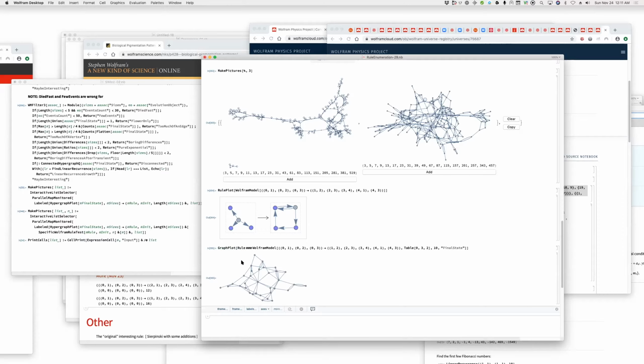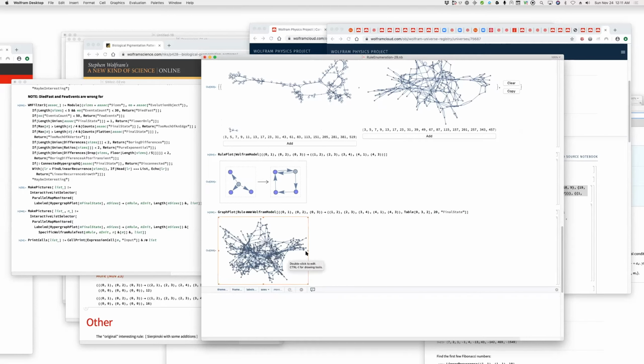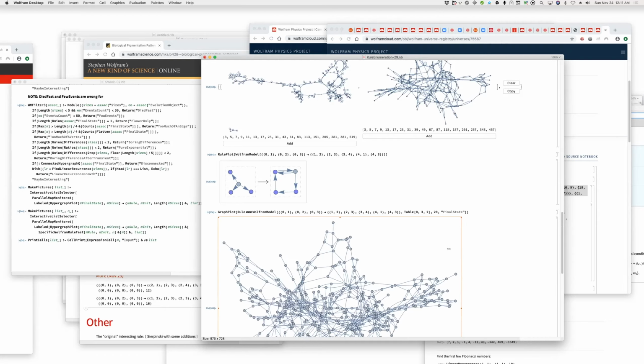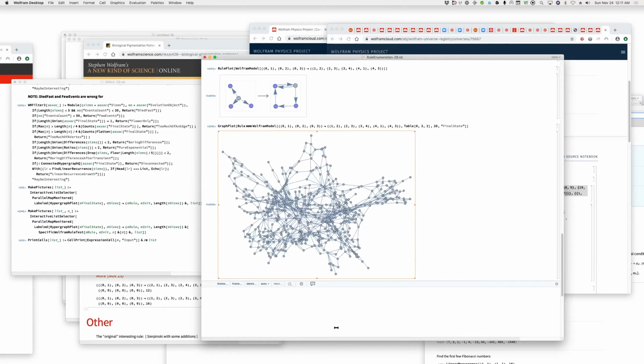Well, yes, that will be faster. What the hell is that? Well, actually, we'd have to say graph plot 3D to that. Let's try running it a bit longer.